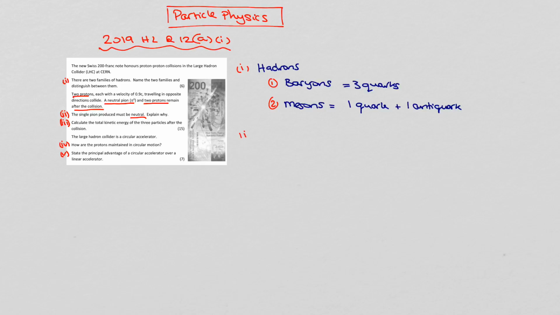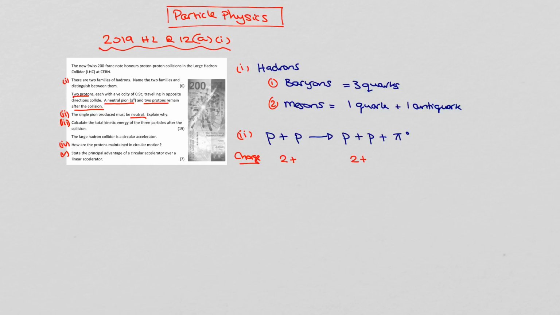Well, let's look at that collision. So we have a proton and a proton. And after we have a proton and a neutral pion. So it has to be neutral, because if we look at our charge, well, beforehand we have a proton which is +1 and a proton which is +1, so we have a charge of 2+, and after we have a proton and a proton which is 2+.